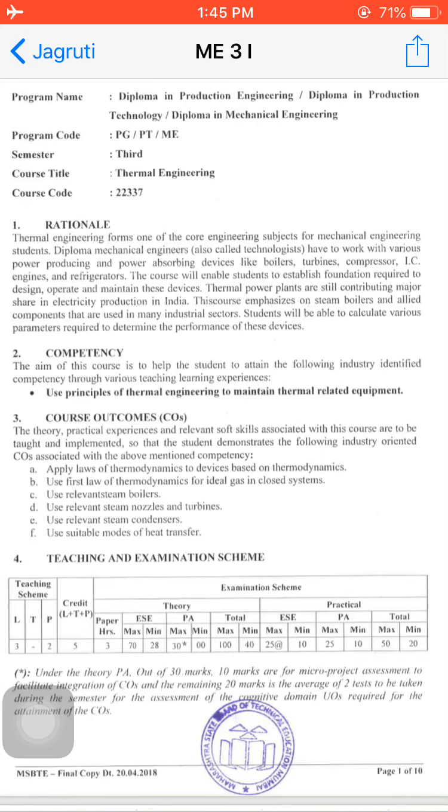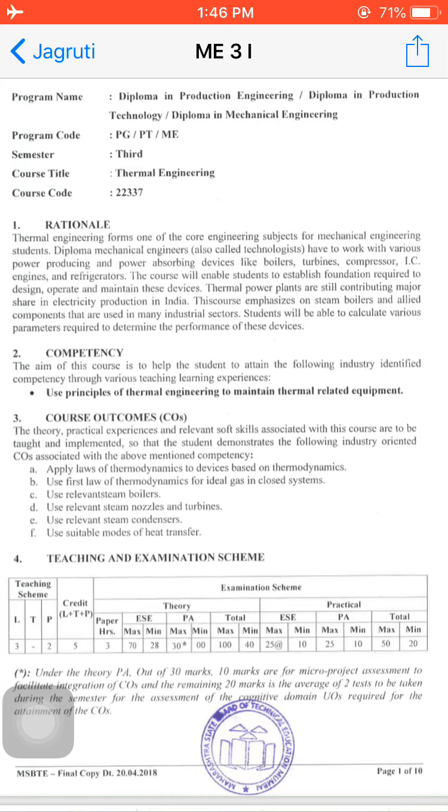Next one, PA, which is 30 marks. That 30 marks belong to 20 marks from class test average and 10 marks from the micro project. 70 and 30 becomes 100 marks. There are 40 marks required for passing.